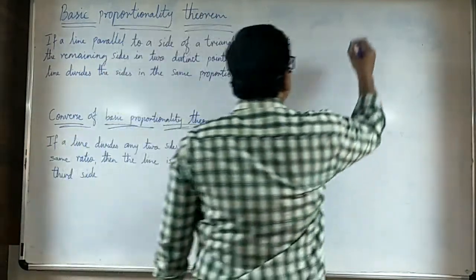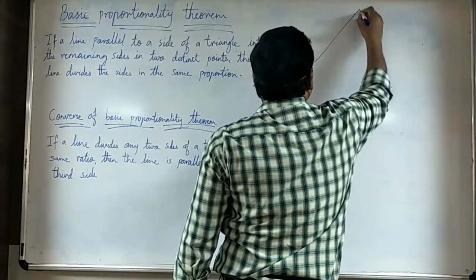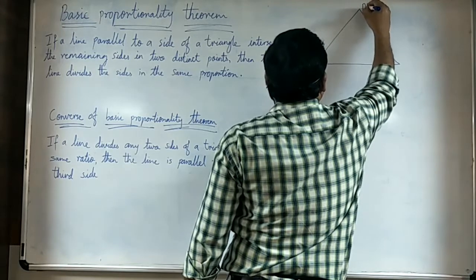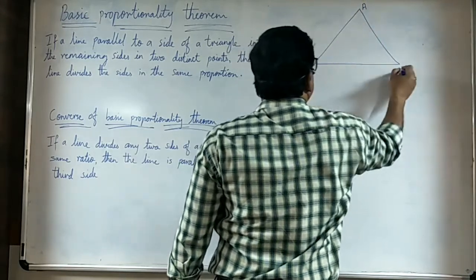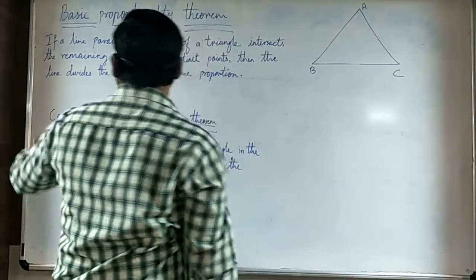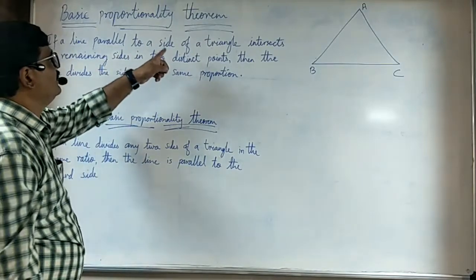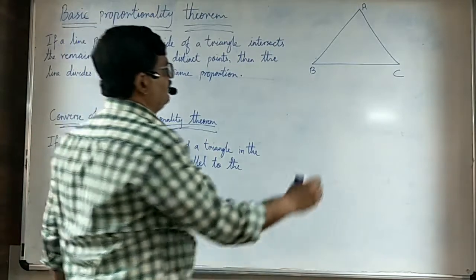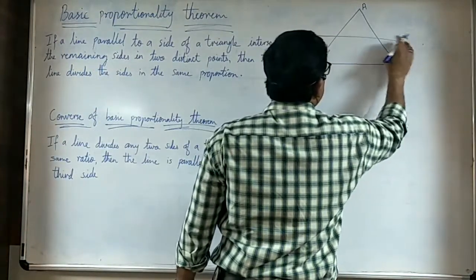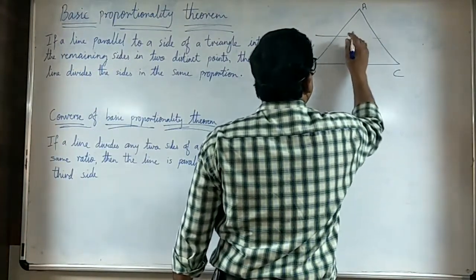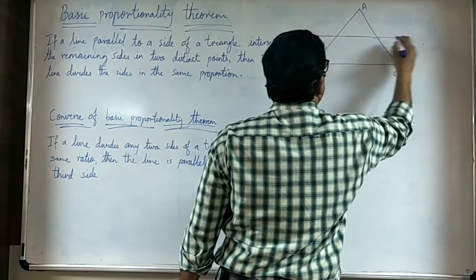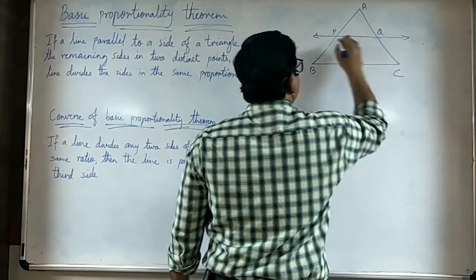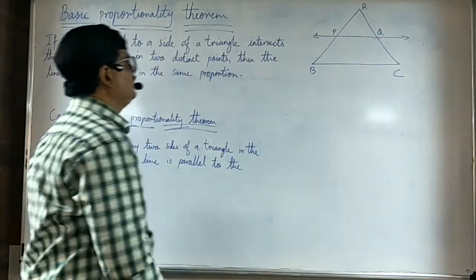Now I have a triangle, for example, triangle ABC. Here they told that if a line parallel to a side of a triangle intersects the remaining two sides, that means I am drawing one line over here. You can see I have a line PQ which is parallel to one side.